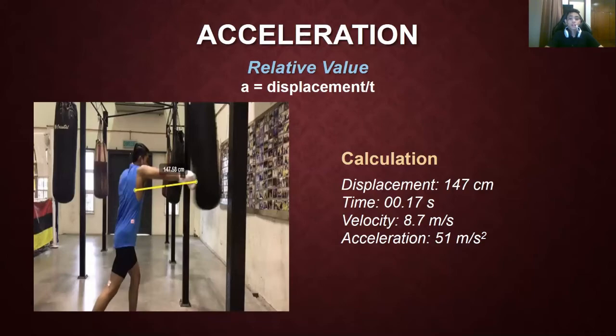So as you can see, the calculation is: displacement is 147 centimeters, time is 0.17 seconds, velocity 8.7 meters per second, acceleration 51 meters per second squared. So the calculation of Reza's value is 51 meters per second squared, as the distance traveled by his glove is 147 centimeters in the time of 0.17 seconds.